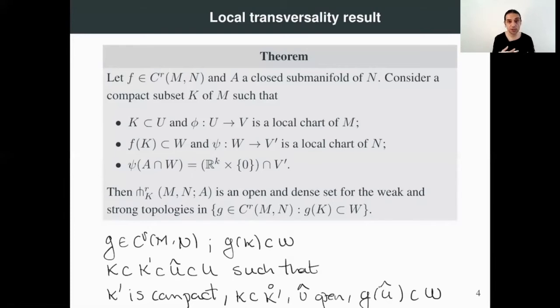Because the image of K by G is contained in W, okay? So we are in this situation.